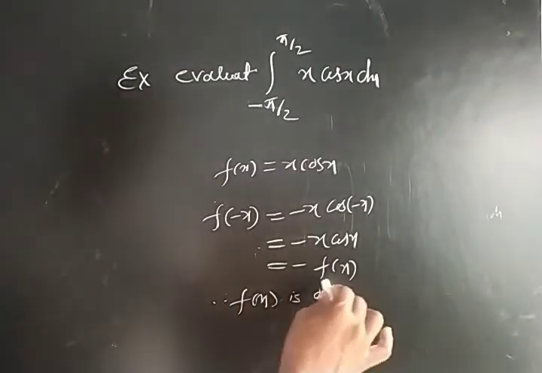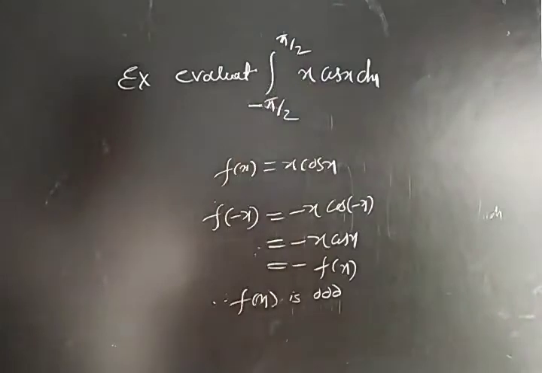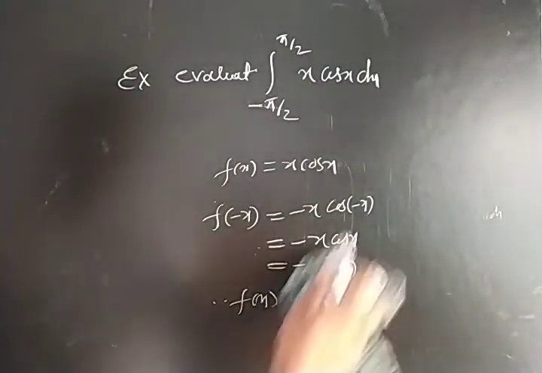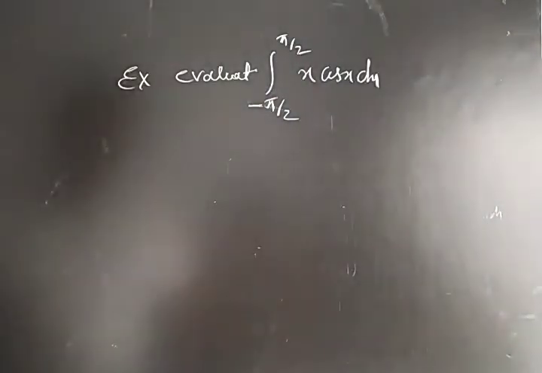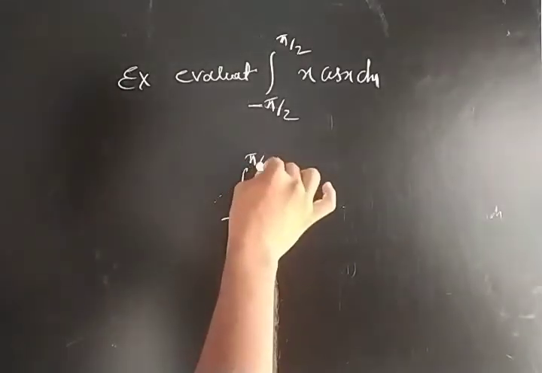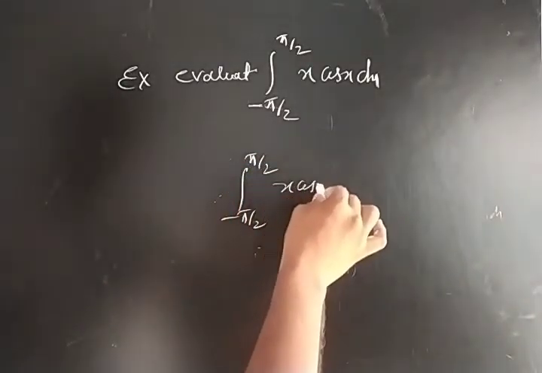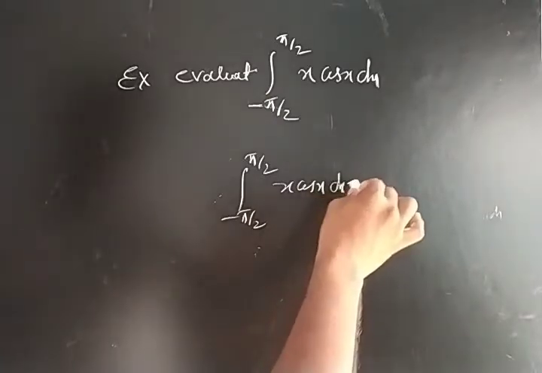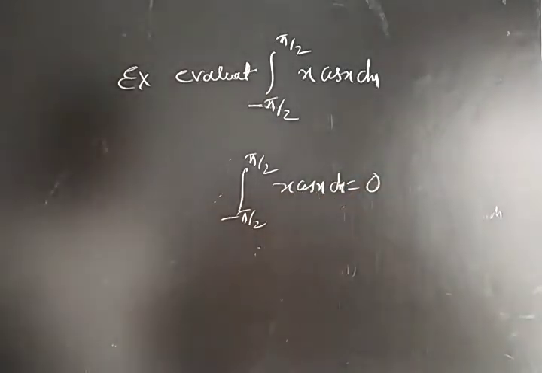So if it is odd, then the integration becomes 0. Therefore the integral from minus pi by 2 to pi by 2 of x cos x dx is equal to 0, because this function is an odd function. Okay, right. Next, one more example.